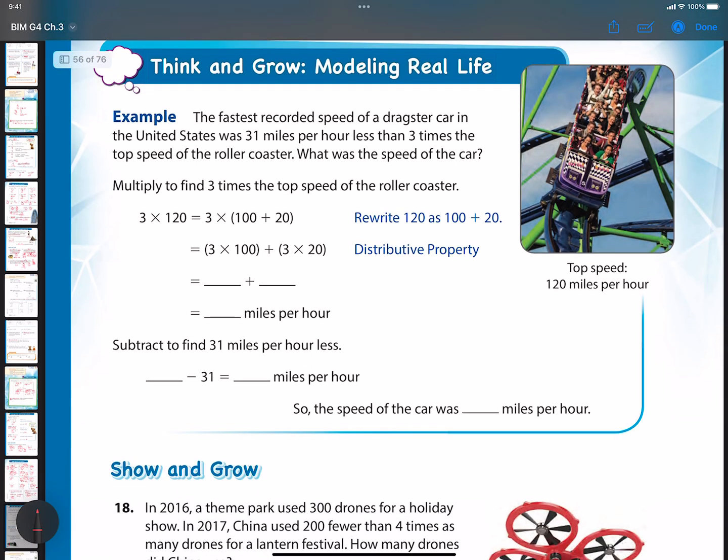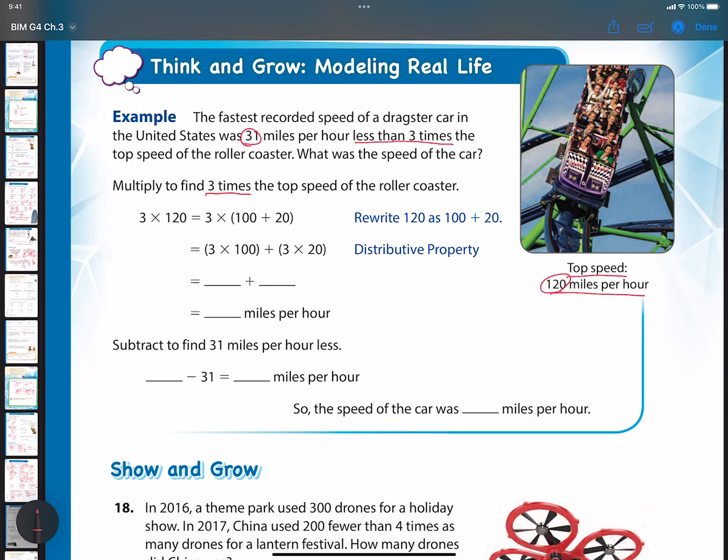All right, think and grow, modeling real life. The fastest recorded speed of a dragster car in the United States was 31 miles per hour less than 3 times the top speed of the roller coaster. What was the speed of the car? Multiply to find 3 times the top speed of the roller coaster, which is what? Top speed is given in here, 120 miles per hour.